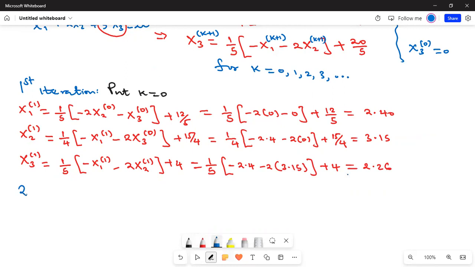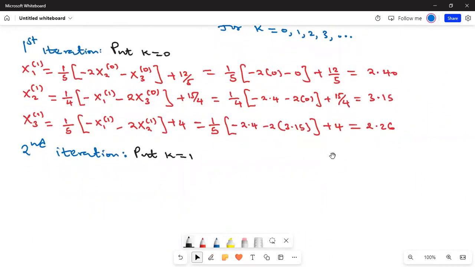Second iteration, put k is equals to 1 in the iterative formula.